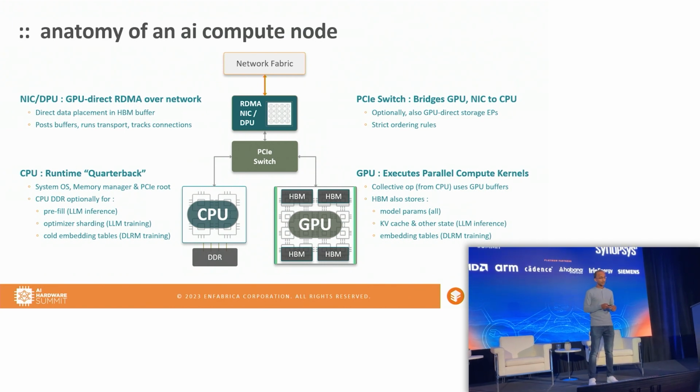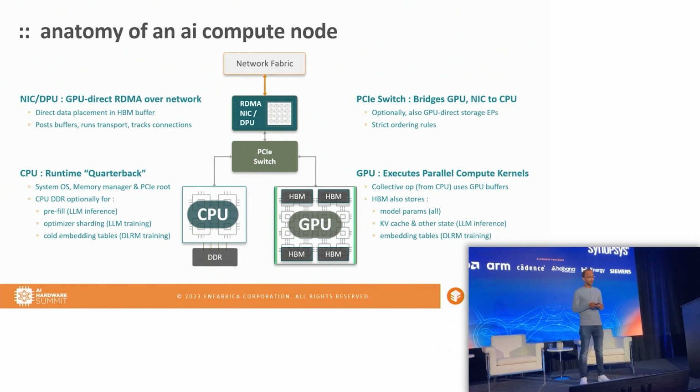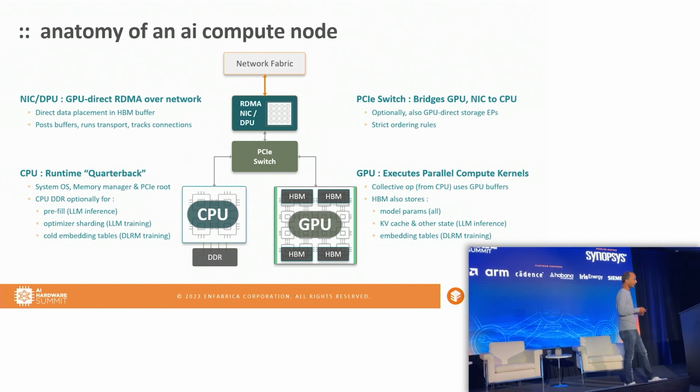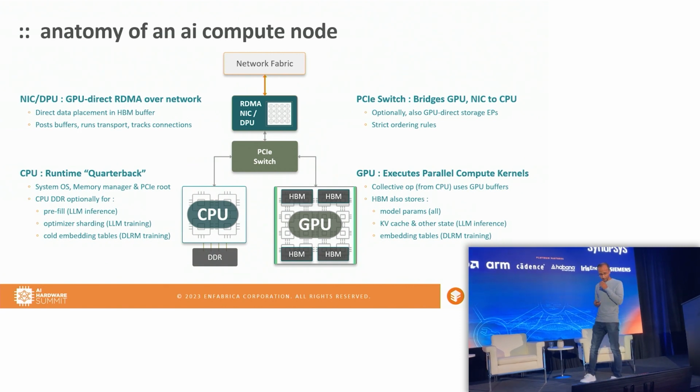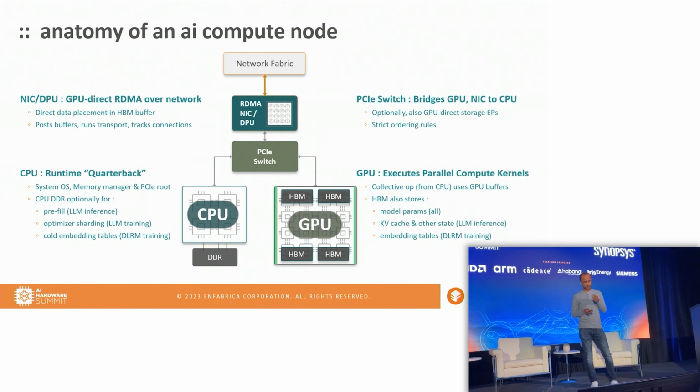Its memory can be used for a lot of functions, especially when we talk about things like LLM inference. It's used for prefill, for optimizer sharding, and for some of the colder model parameters like embedding tables, which are then moved into GPU HBM for the computation piece.